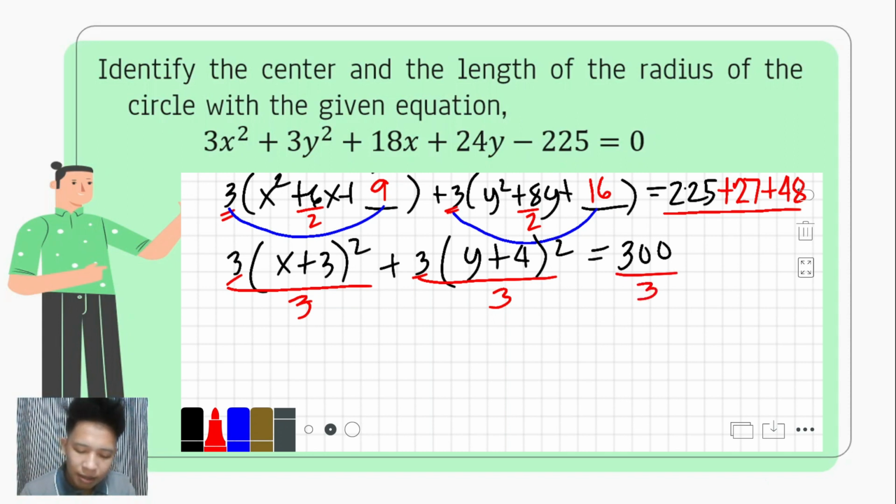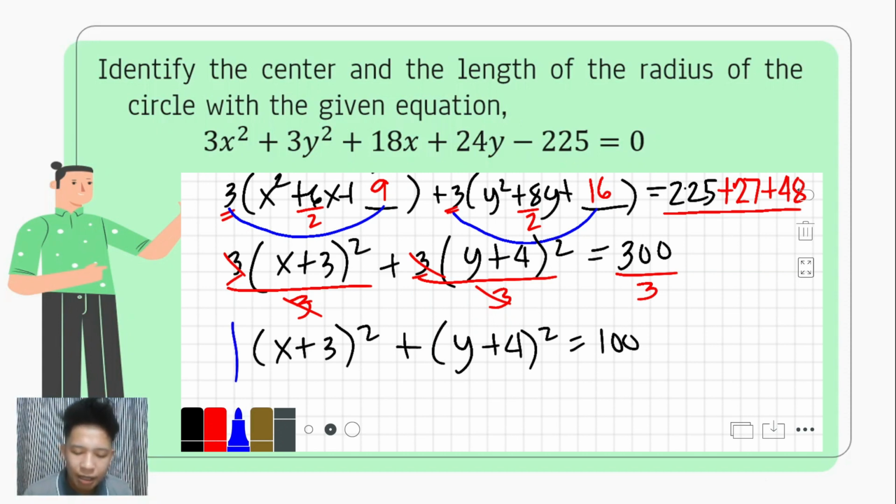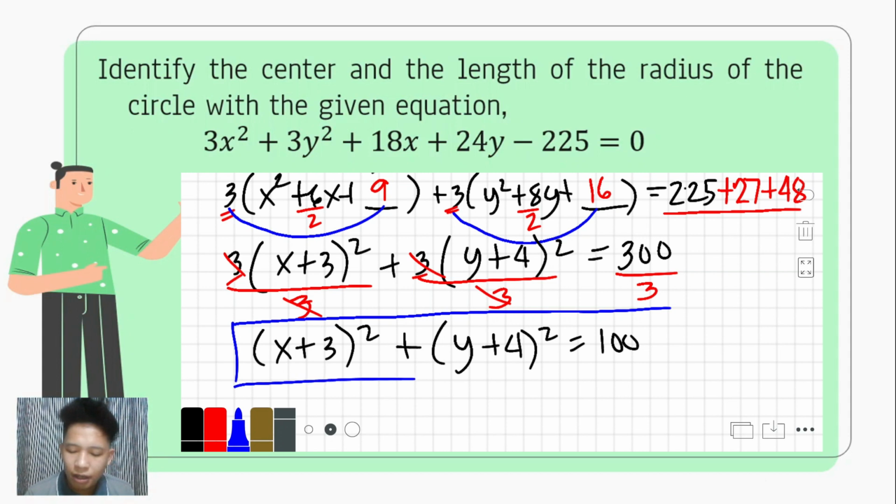By simplifying that, we have x plus 3 squared plus y plus 4 squared equals 100. Okay? And now we have arrived at the standard form of the equation of the circle.